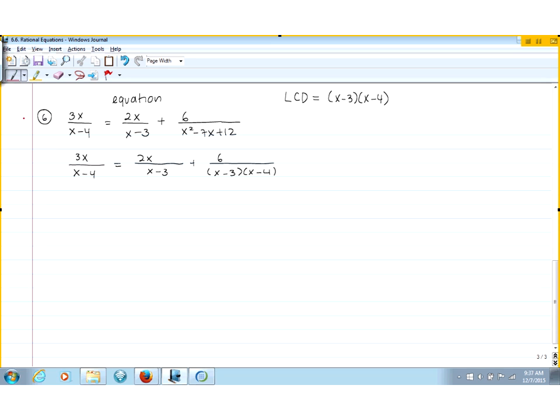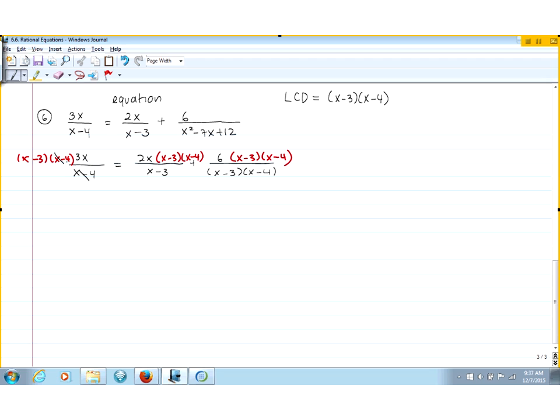Multiply both sides by the LCD. So x minus 3 times x minus 4, x minus 3 times x minus 4, x minus 3 times x minus 4. So this is an equation. I could multiply both sides by the LCD.